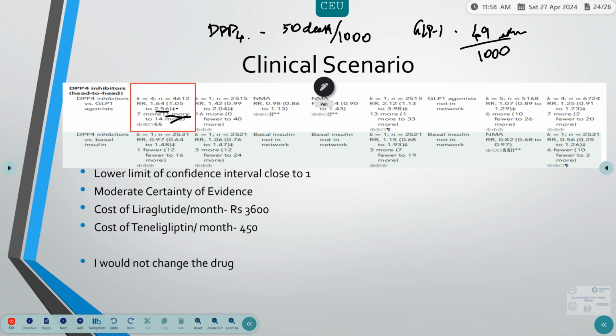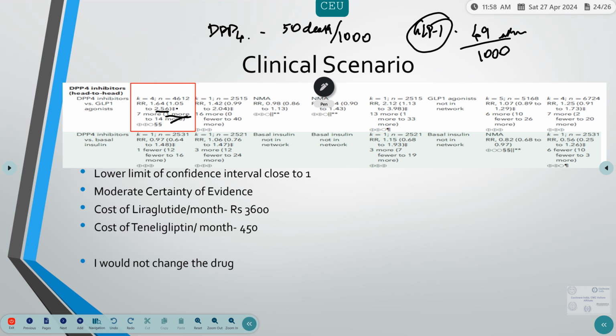What is the number needed to treat? 1 by 0.1 is 1,000. So if you treat 1,000 patients with GLP1, you will be able to save 1 death.